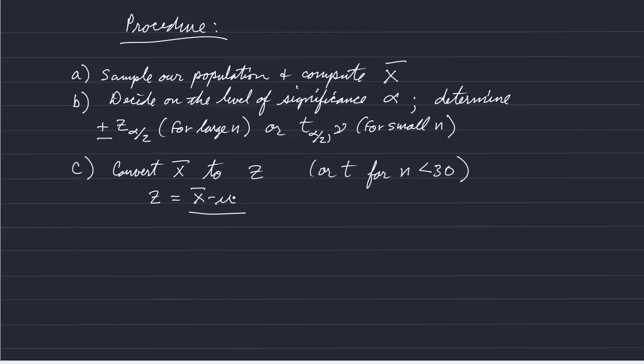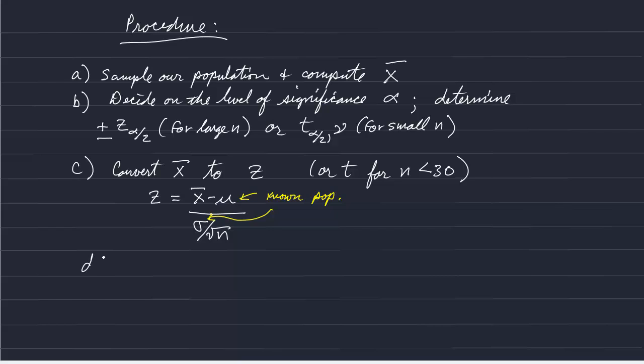So this is the mean of the known population. And we have to divide it by our estimate for the standard deviation of our sample mean. And again, that estimate is equal to the standard deviation of the known population divided by the square root of our sample size. So again, mu and sigma are parameters of the population we're testing against.